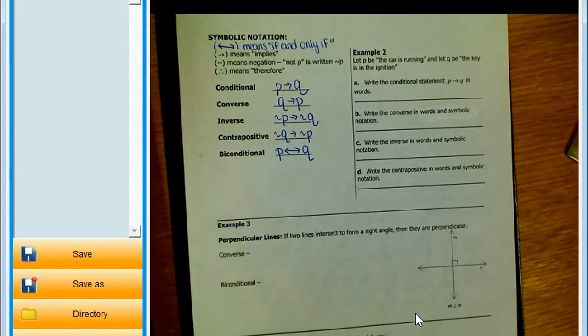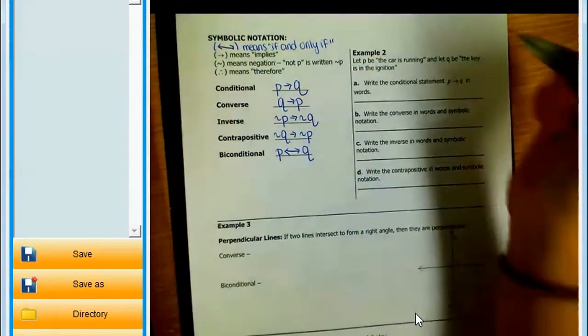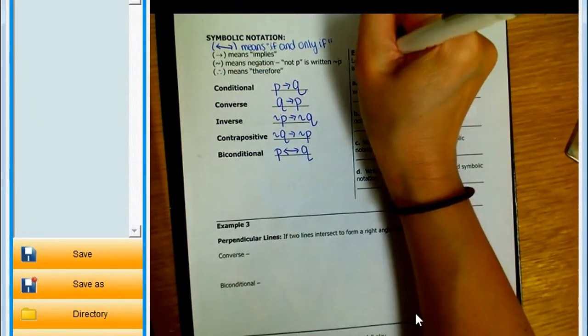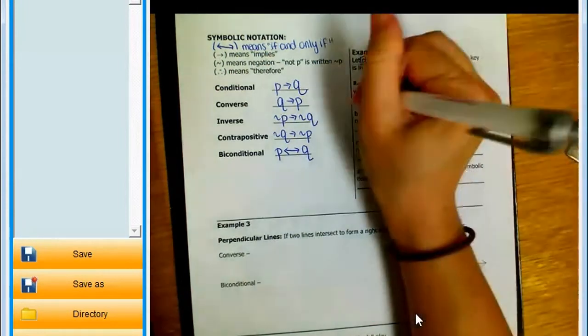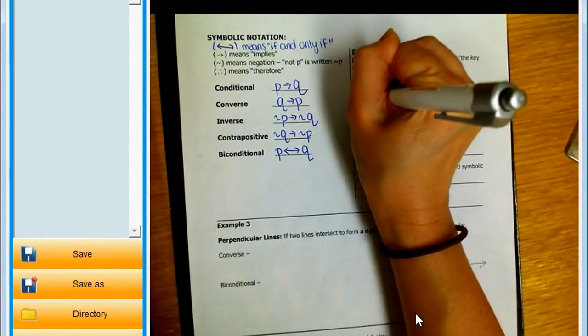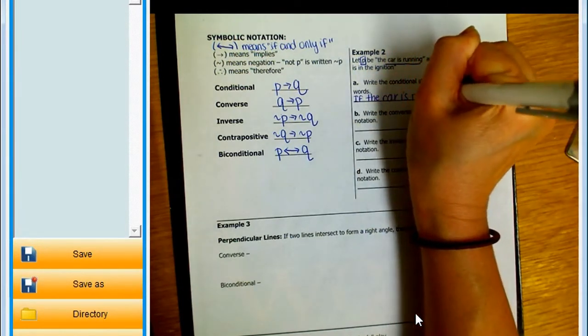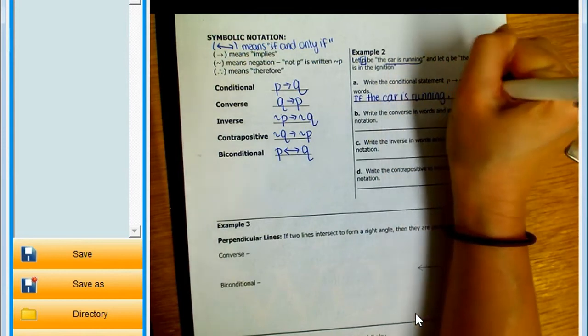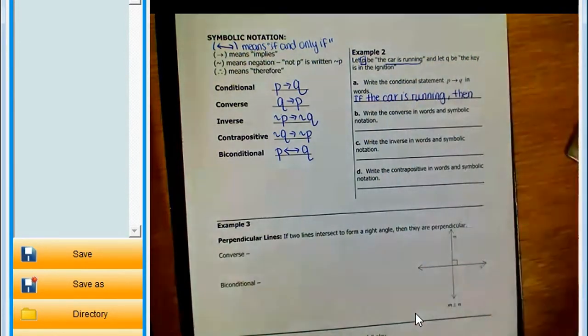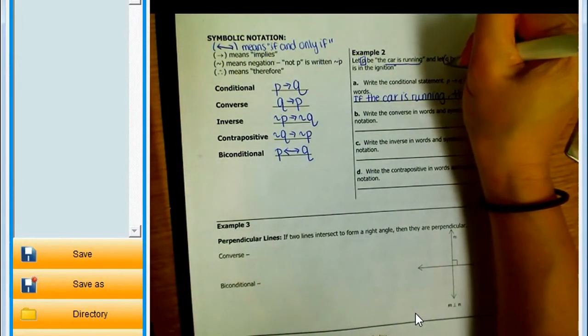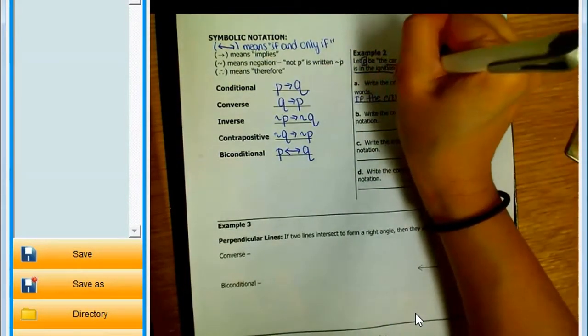Let's look at an example. Let P be the car is running, and let Q be the key is in the ignition. Part A wants us to write the conditional statement, P implies Q in words. Okay, P we have up here is the car is running. So we're going to write if the car is running, then, and we have Q. Q is the key is in the ignition.